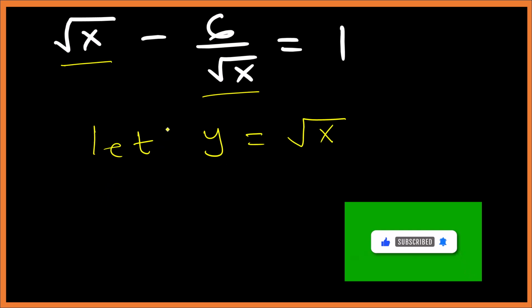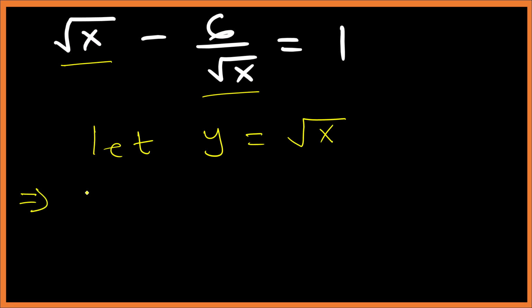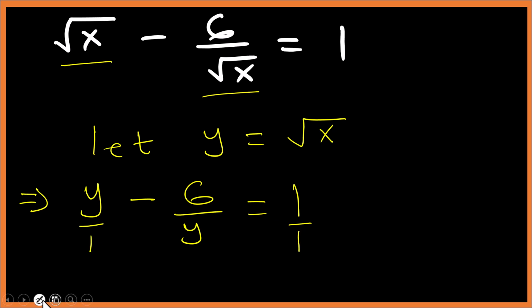Okay, so from here, my (y minus 6) over y will be 1. Let's make this side over 1. Now from here we can multiply through by the LCM, that is y.